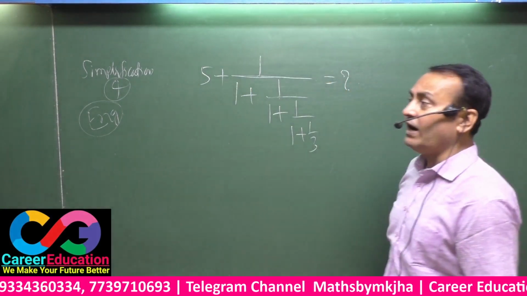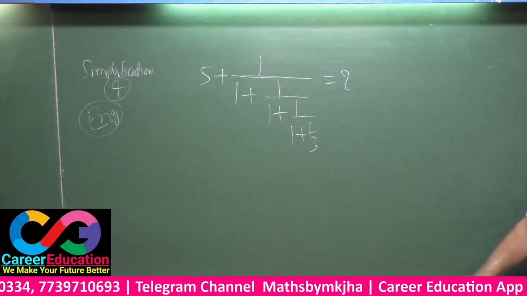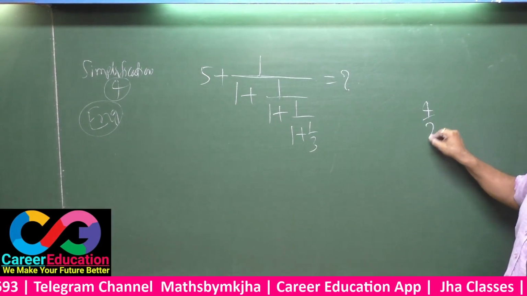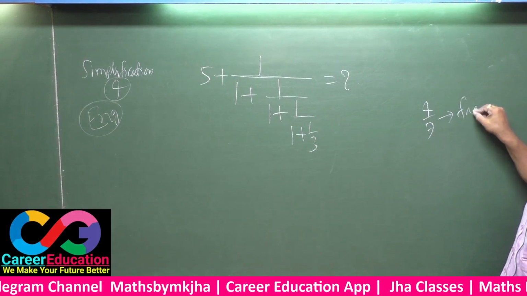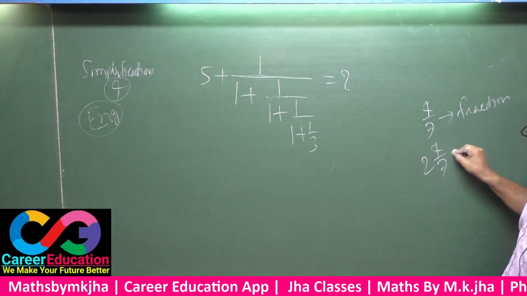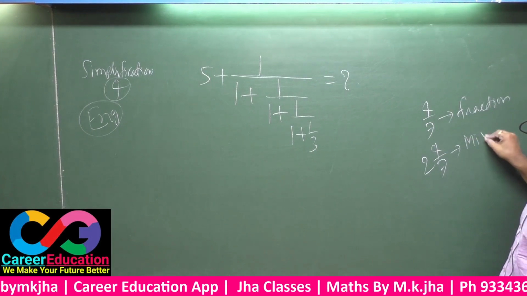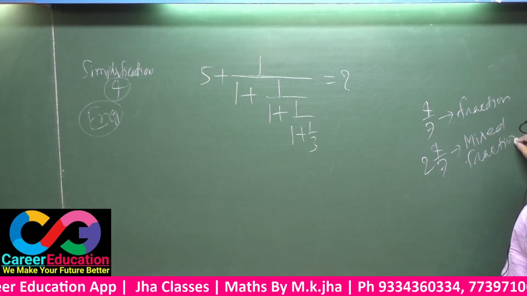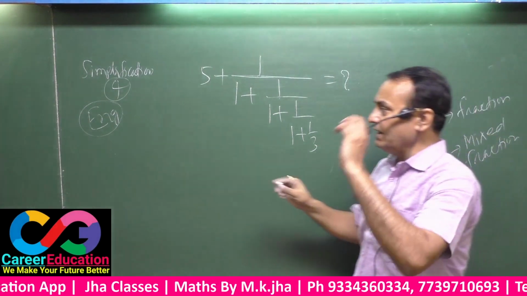This is called vulgar fraction. See here, there are three types of fractions. 4 by 7 is a fraction. 2 and 4 by 7 is a mixed fraction. And this is your vulgar fraction.